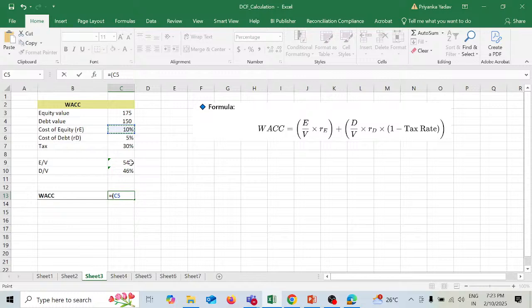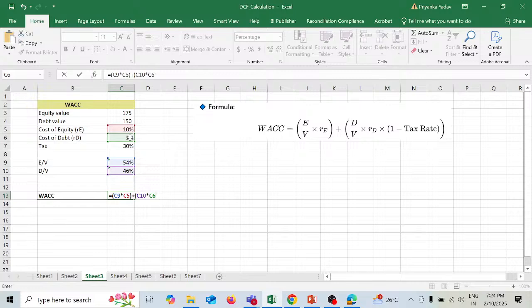So basically E by V will be multiplied with cost of equity, close the brackets, plus then the second aspect is D by V multiplied with cost of debt. So this we have already calculated, D by V multiplied with your cost of debt, this multiplied with 1 minus tax rate.